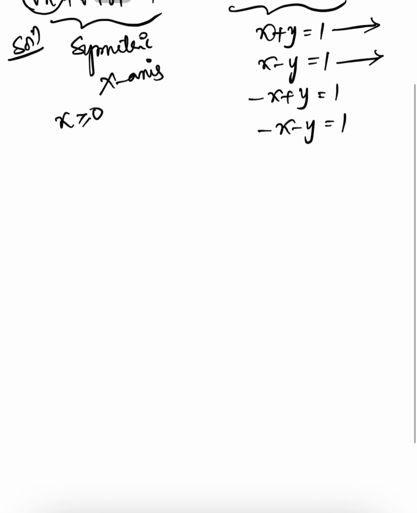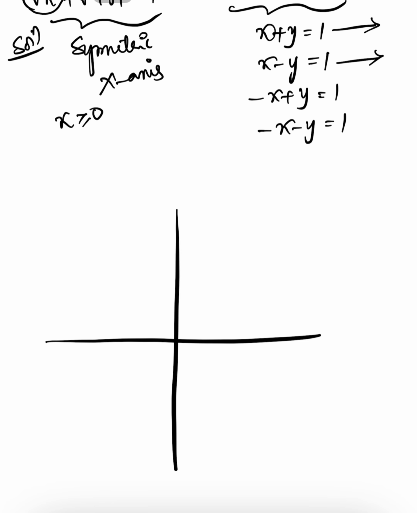Now coming to the graph. This will be x plus y equal to 1. This point is 1 comma 0 and this is 0 comma 1.